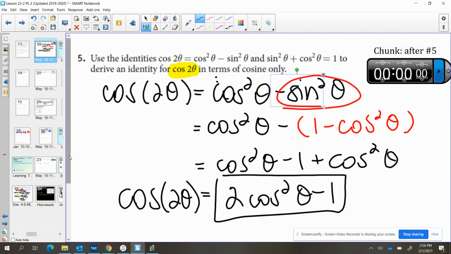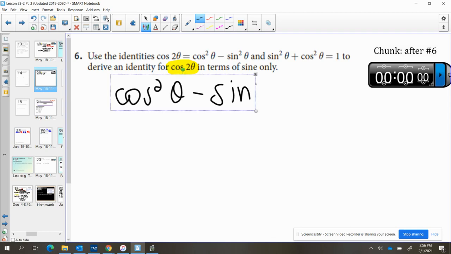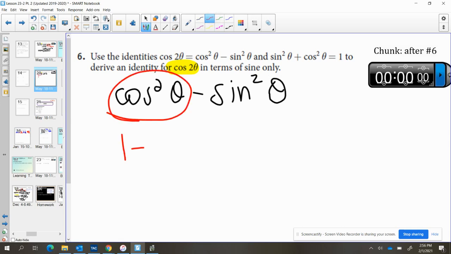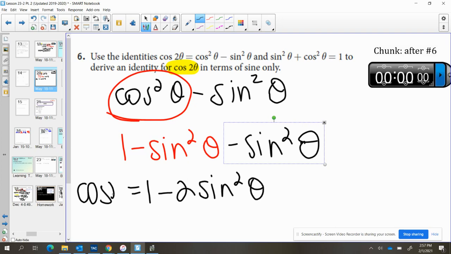And we can do the same thing then for sine. Cosine of 2 theta, we can also write it in terms of sine only because again, cosine squared minus sine squared. We can make that substitution for cosine squared as 1 minus sine squared. We still have the minus sine squared, so now we have 1 minus 2 sine squared theta is one final way to write cosine of 2 theta.